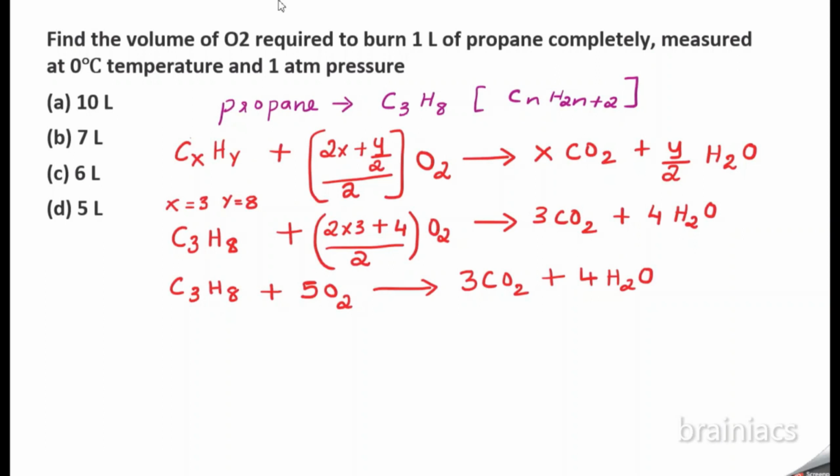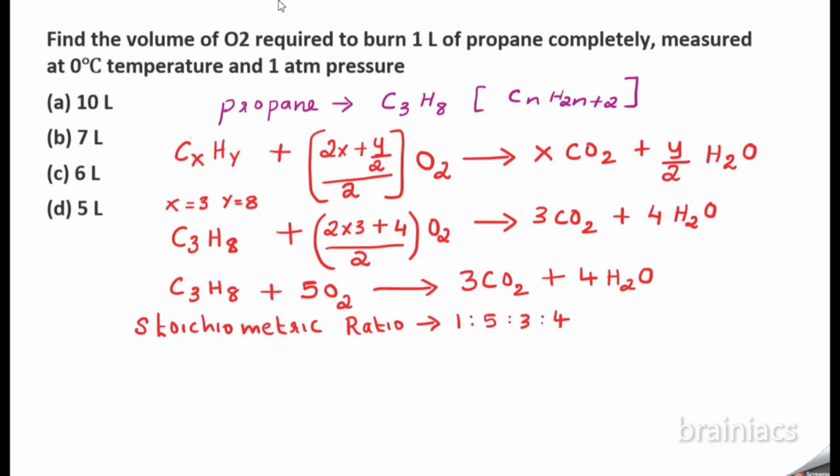Now what is the stoichiometric ratio? The stoichiometric ratio is 1 : 5 : 3 : 4. And you know that whenever you are applying the stoichiometric method, the equation needs to be balanced.